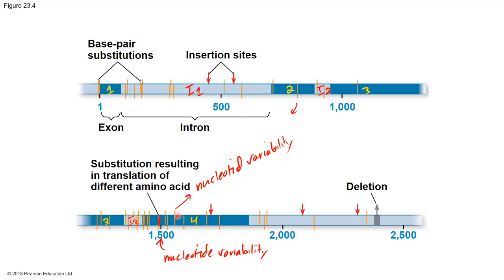Each one of these is considered nucleotide variability. But this nucleotide variability causes a change in the amino acid, which means it causes gene variability, because it results in a change in the codon and the amino acid encoded by that codon. Okay, and this gene variability leads to genetic variation, which leads to phenotypic variation.